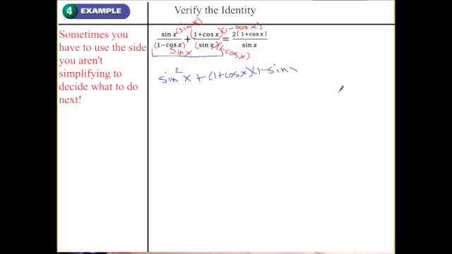I'm sorry, minus the cosine of x. All divided by 1 minus the cosine of x times the sine of x.